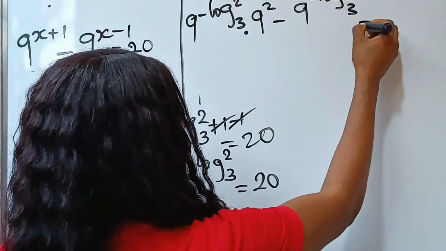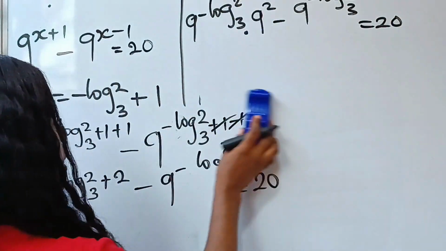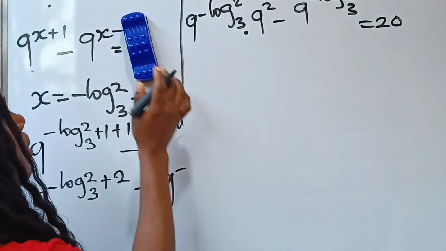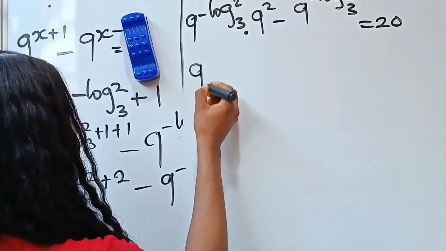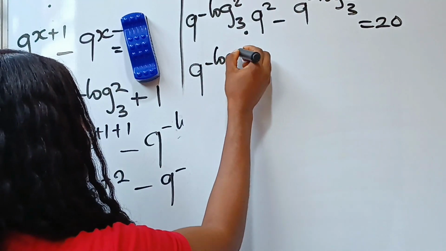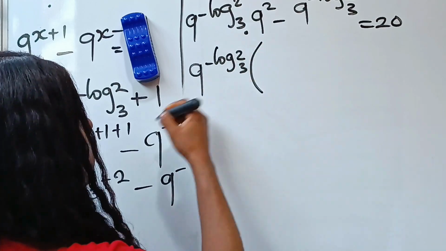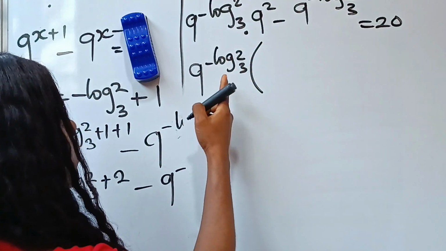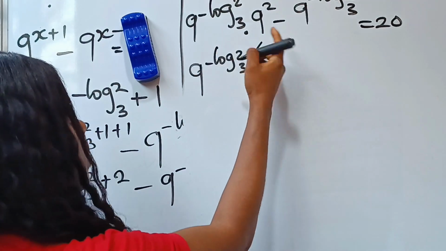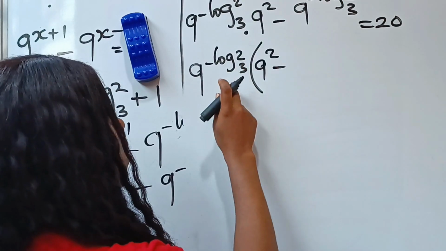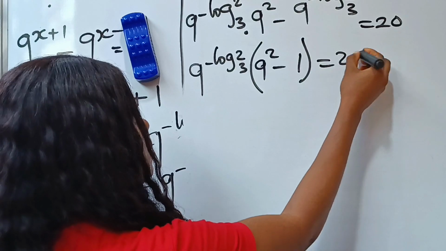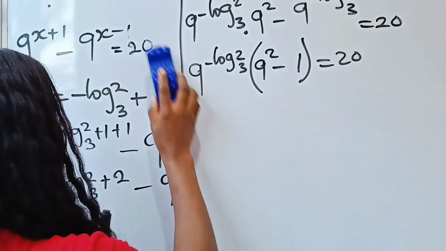All right, is equal to 20. Now we have the same thing here and here. Let's factorize. So we factorize 9 to the power of minus log 2 base 3, open brackets. When the whole of this is divided by this, we are left with 9 to the power of 2 minus, when this is divided by this, we have 1 is equal to 20, right?